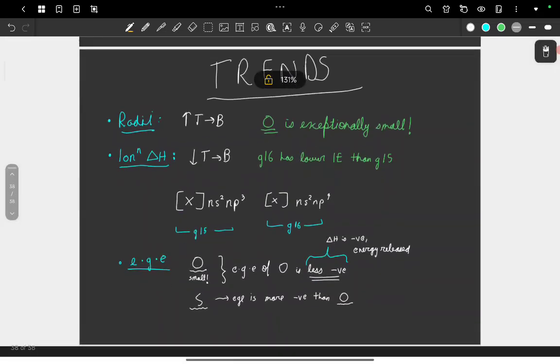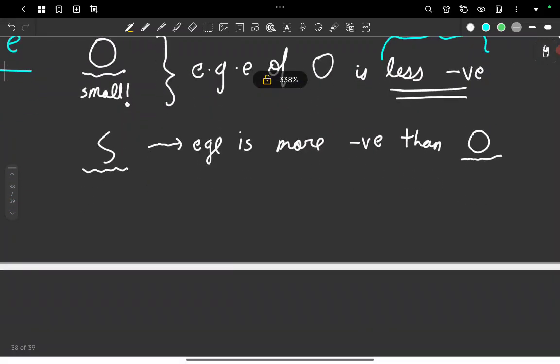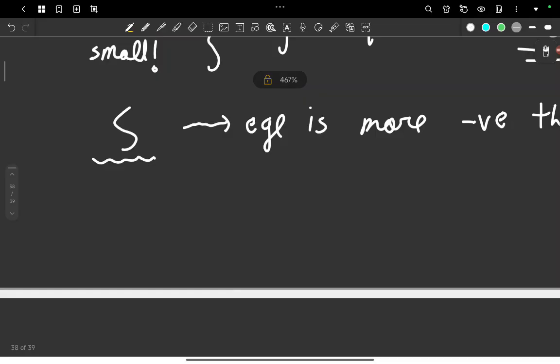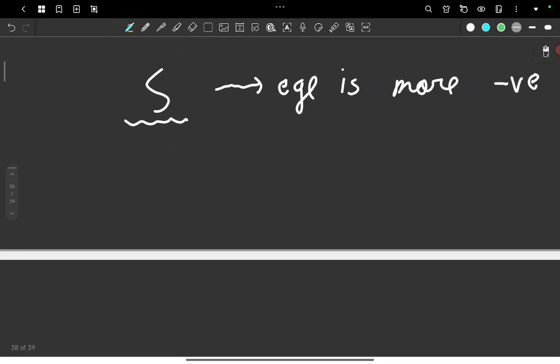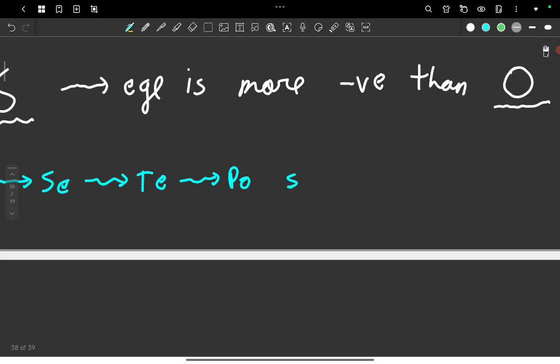But sulfur was the element in group 16 with the most electron gain enthalpy, magnitude wise, and the most negative electron gain enthalpy. Because when you start going from sulfur to selenium to tellurium to polonium, it again starts getting less negative.